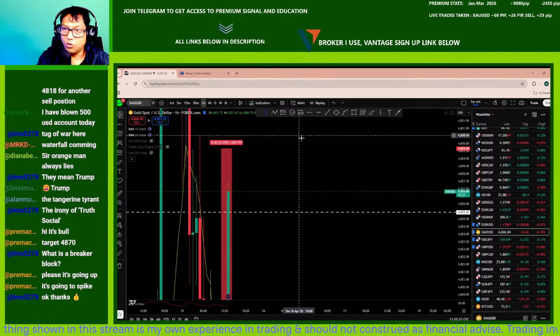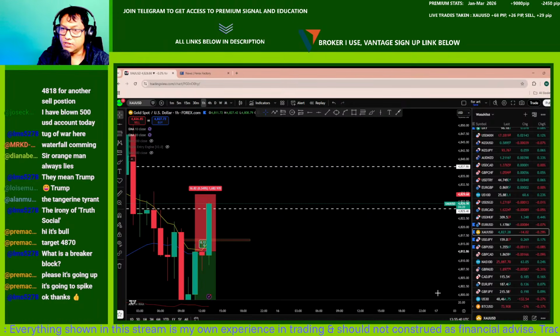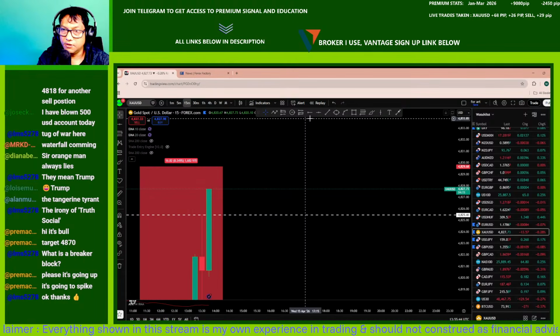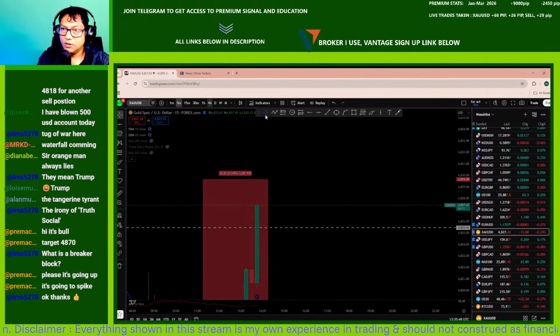So the 4-hour candle is closing in 4 minutes time, and we can see that there is an upside bias here. I'm still holding on to that with the 4-hour candle close.